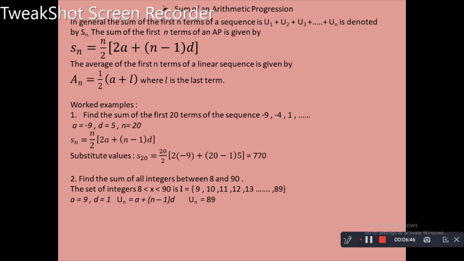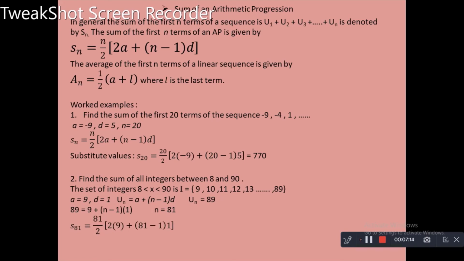So we apply the formula for the nth term of the sequence. Now from here we can make substitutions into this formula so that we'll be able to determine the value of n, that is the term that 89 is. Now we will know that 89 is the 81st term, hence between 8 and 90 there are 81 integers.